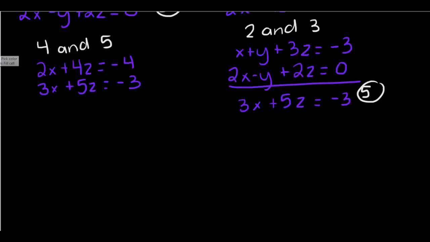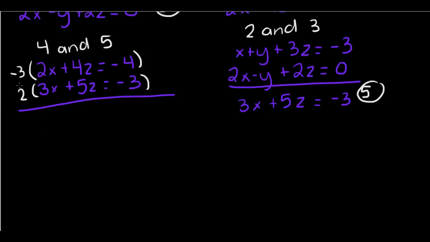What I'm going to do is multiply the first equation by -3 and the second one by +2. And the reason I'm going to do this is because when I multiply -3 times 2x, that's going to give me -6x. And when I multiply 2 times 3, I'm going to get +6x. So then when I combine them, I will be able to eliminate x.